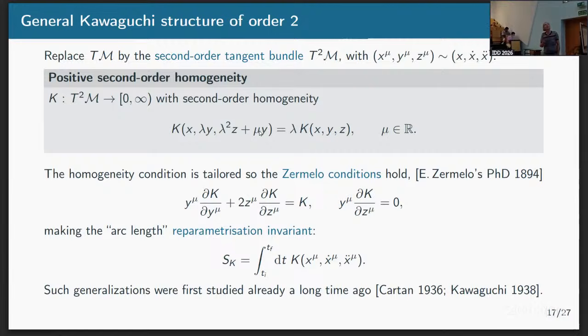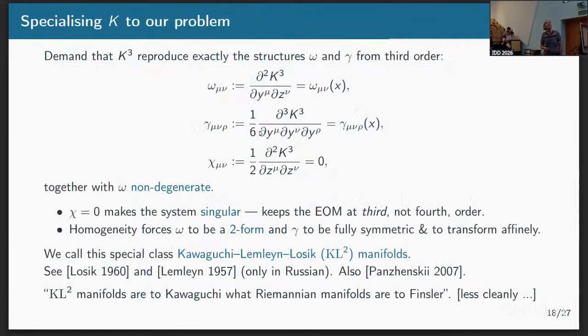In this second order, it was already basically studied by Elie Cartan even before Kawaguchi discussed the whole general structure. And now we have to find the specific geometry within this setting, which would correspond to our physical problem.